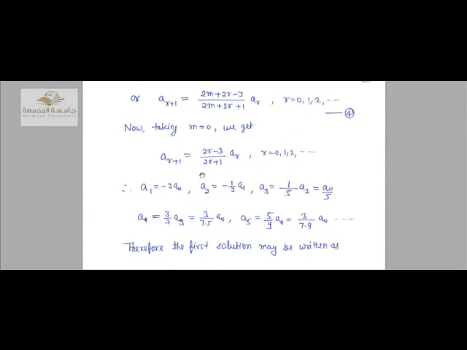Now taking m is equal to 0, we get a(r+1) is equal to (2r minus 3) over (2r plus 1) ar, where r is equal to 0, 1, 2 and so on.